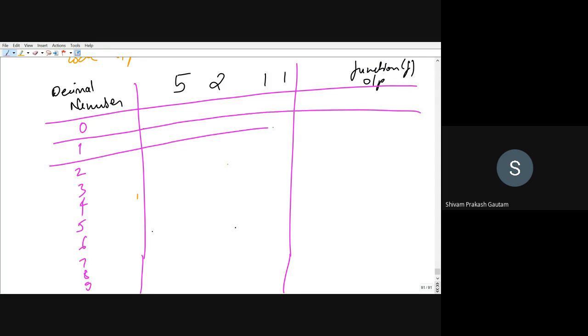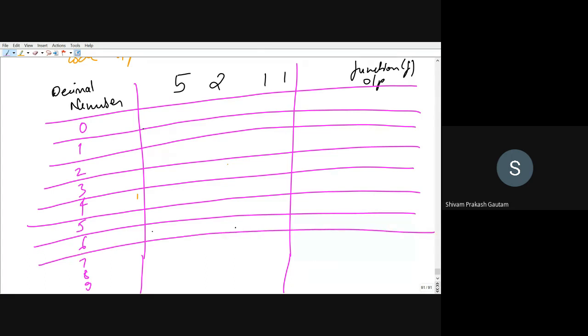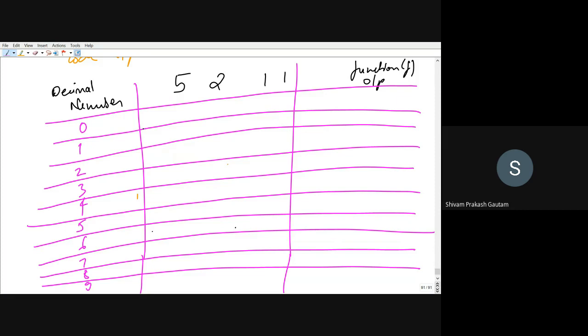Now you can also give the variables names: A, B, C, D. Now 0, how can you get 0 in 5211? You have to give all zeros. Then 1, how can you get 1?